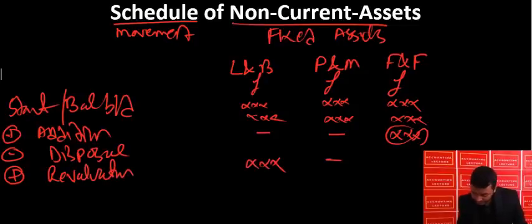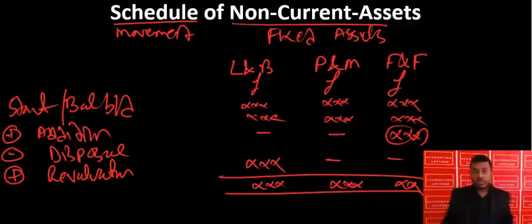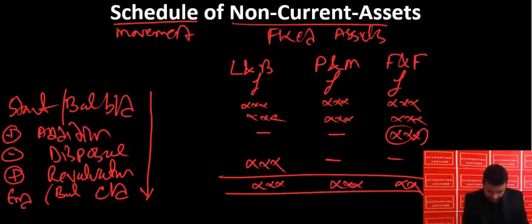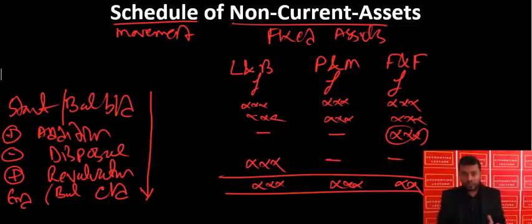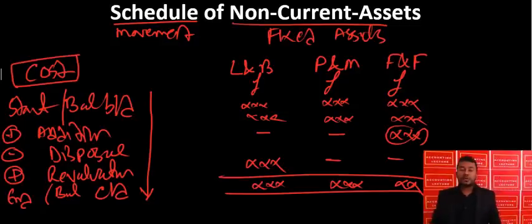Especially it happens with the land, not with the other stuff. And that's it. You do the total. I'd rather say this total is your closing balance, balance CD. From the top, you worked out this bottom. That's the end. And all of this is your cost, the structure of your cost.